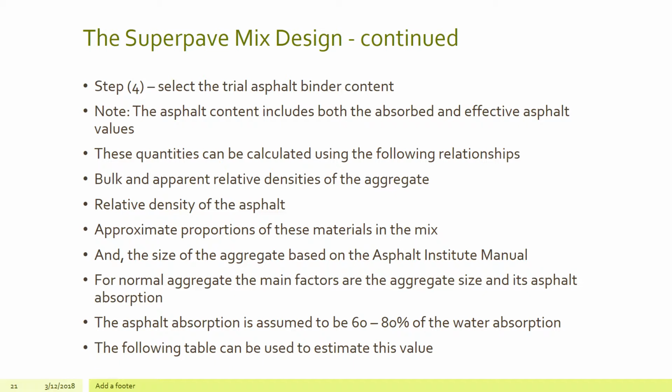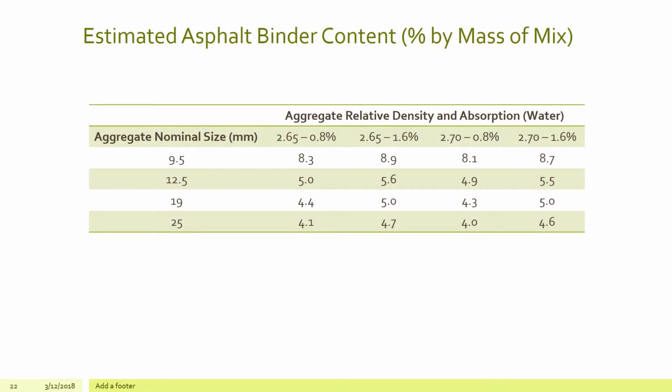The asphalt absorption is assumed to be 60 to 80% of the water absorption. And of course, the following tables can be used, and you're going to see these in the PowerPoint presentations. So we're looking at that estimated asphalt binder content. Again, what's the aggregate nominal size? And of course, we're looking at that relative density and absorption.